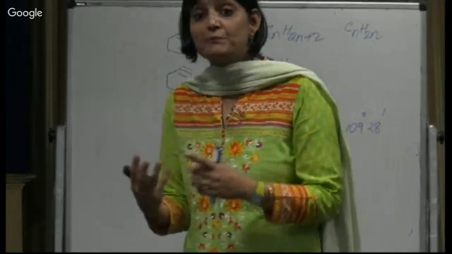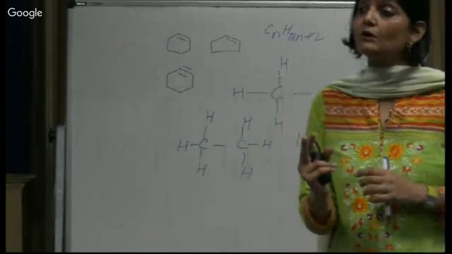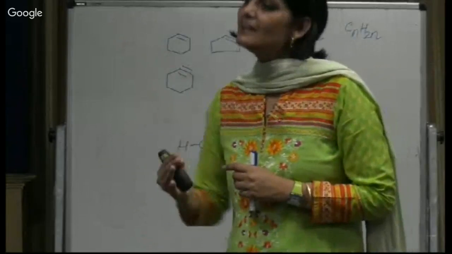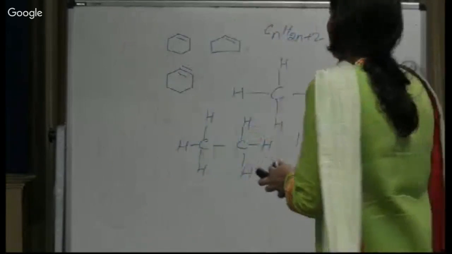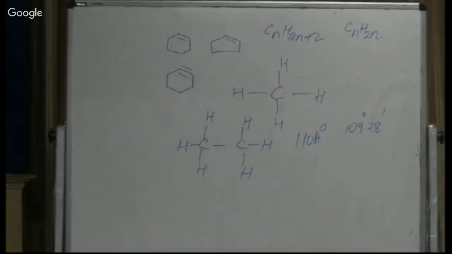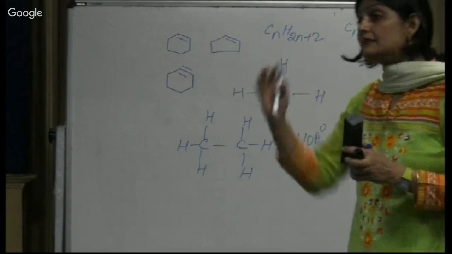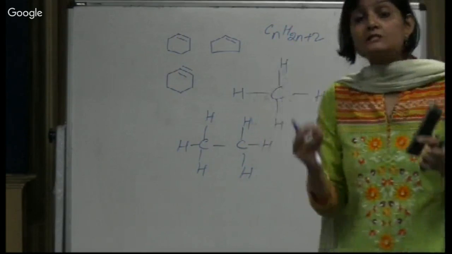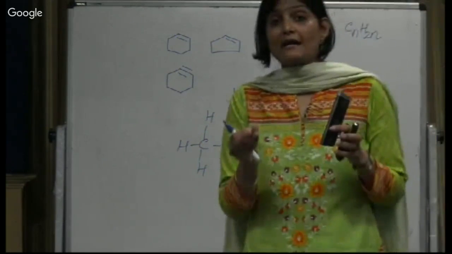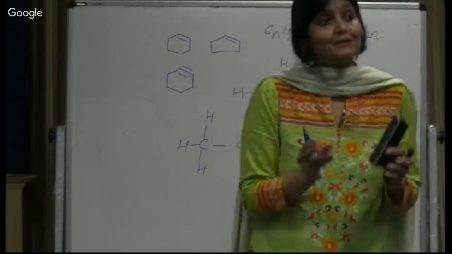How do you explain the fact that even though the number of carbons has increased, the melting point is still lower? Now, one thing that we have to understand here is that melting points of organic compounds, besides depending upon the size and the shape, will also depend upon how well an organic compound fits into the crystal lattice.